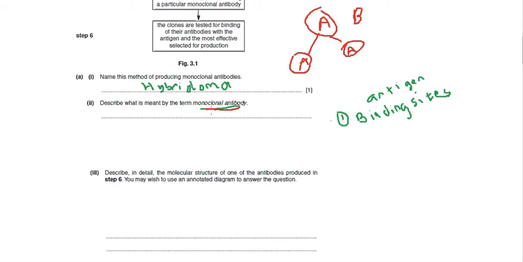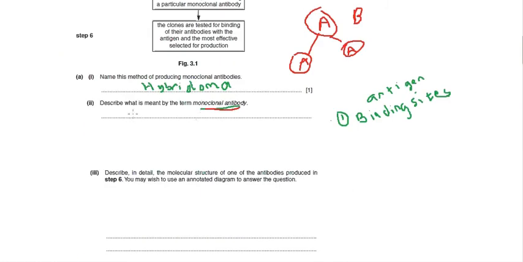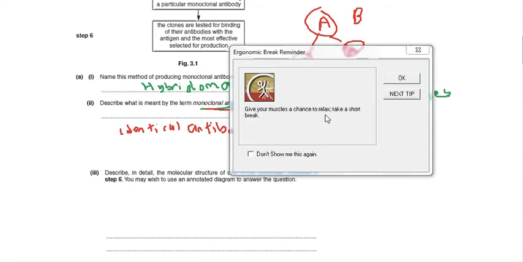So it simply means that all are identical antibodies. So the definition would go: identical antibodies, produced by cloning, having the same binding sites.